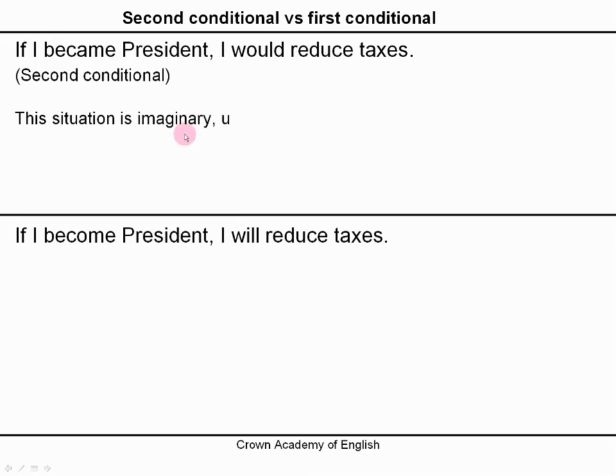So this situation is imaginary, unlikely, or impossible. It is hypothetical. Look at the form. We have used the past simple. And then we have I would reduce. So it's the second conditional. It is hypothetical.